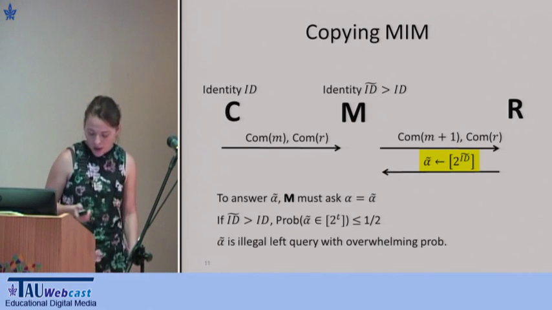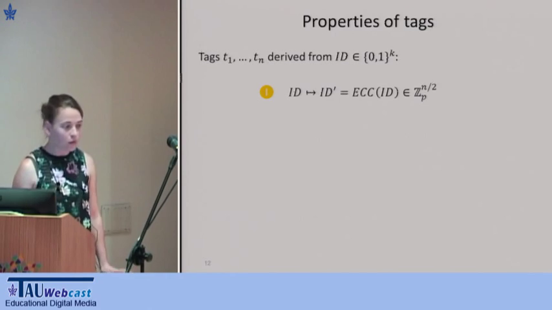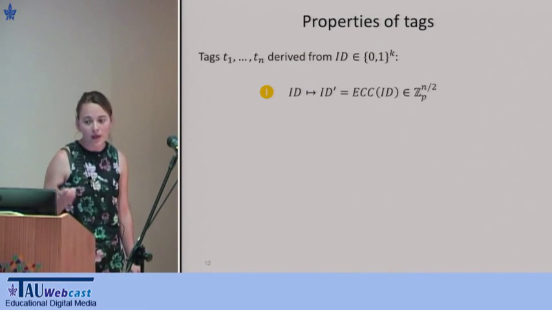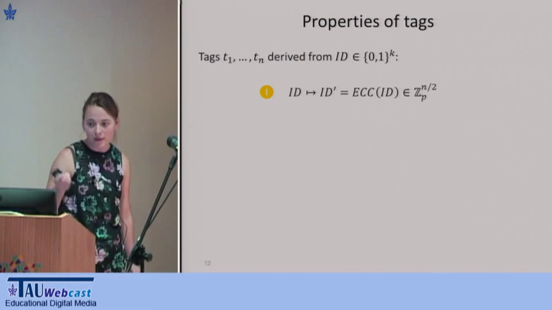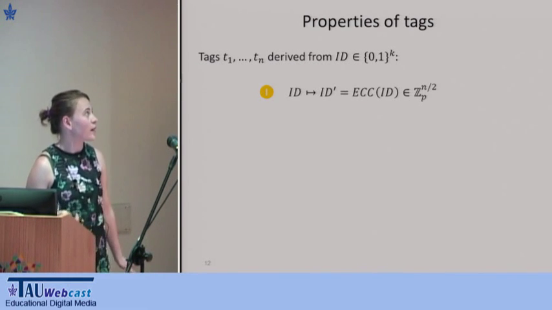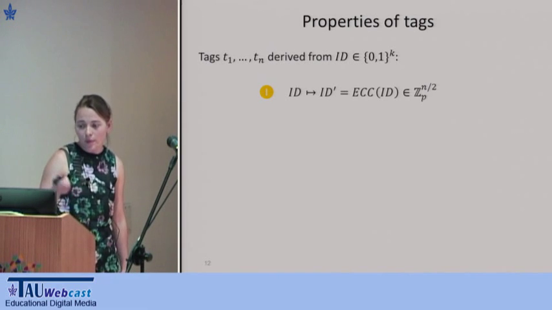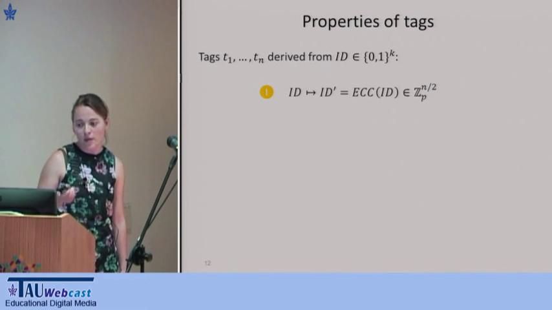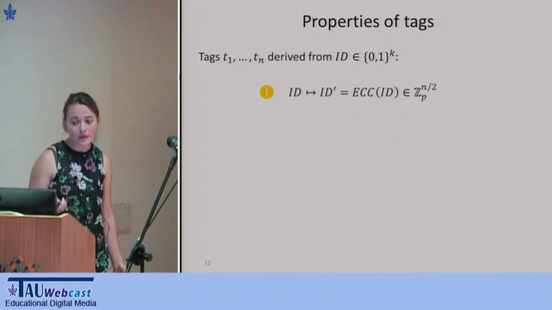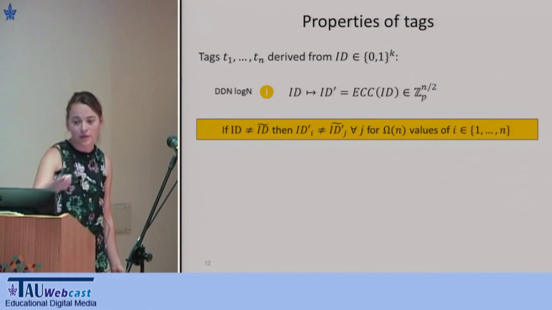Okay, and we do it in 2 steps. So we derive tags T1 up to Tn from the identity ID of k bits. First, we apply an error-correcting code, and we obtain a vector of n over 2 entries in Zp. We will apply an error-correcting code with constant distance, and this will give us the following.